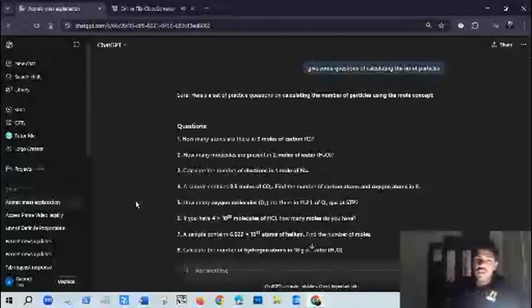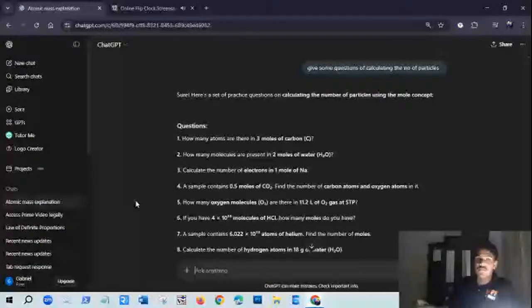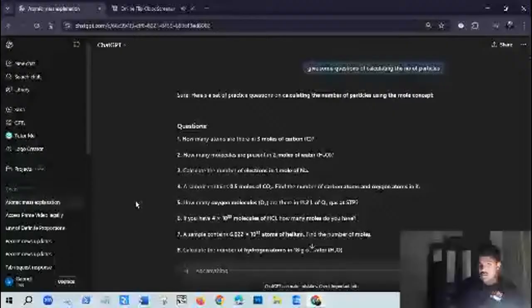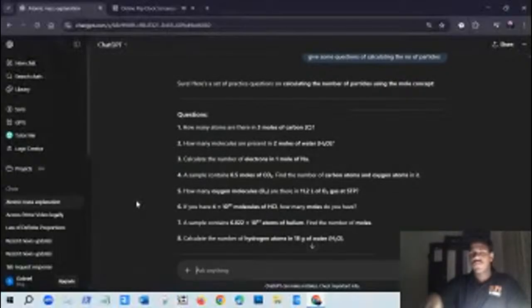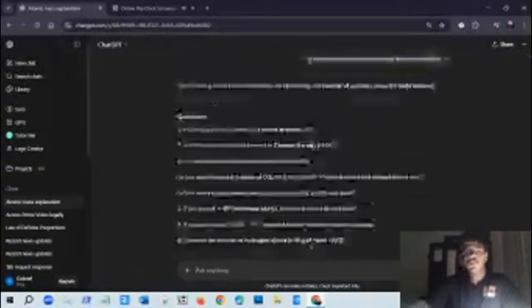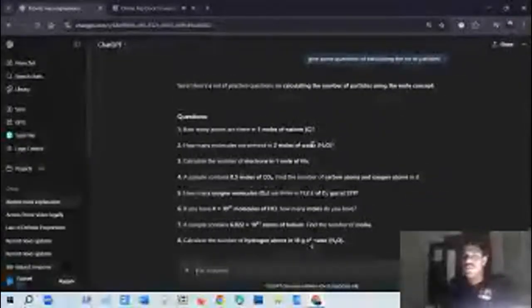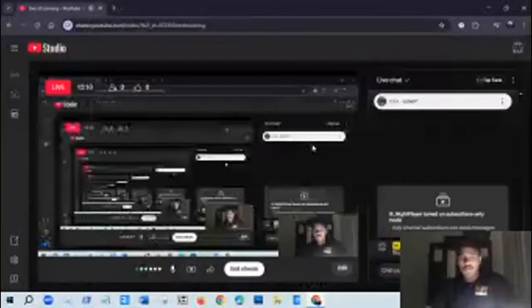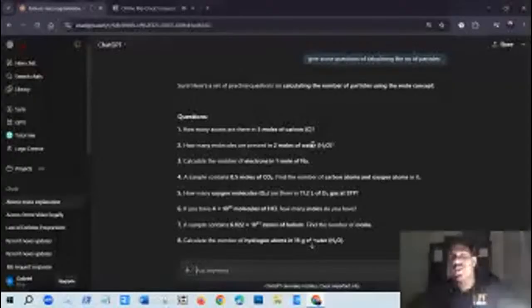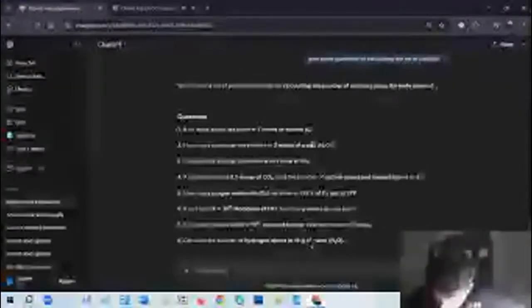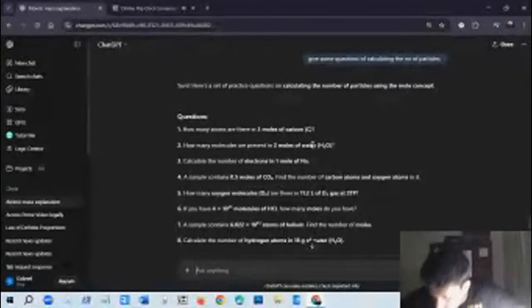Question: how many atoms are there in 3 moles of carbon?